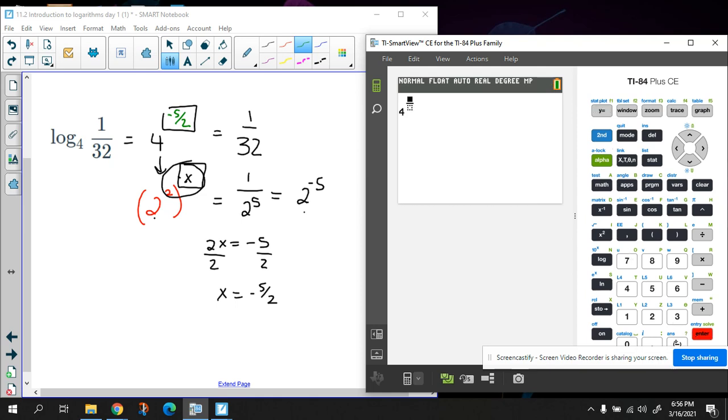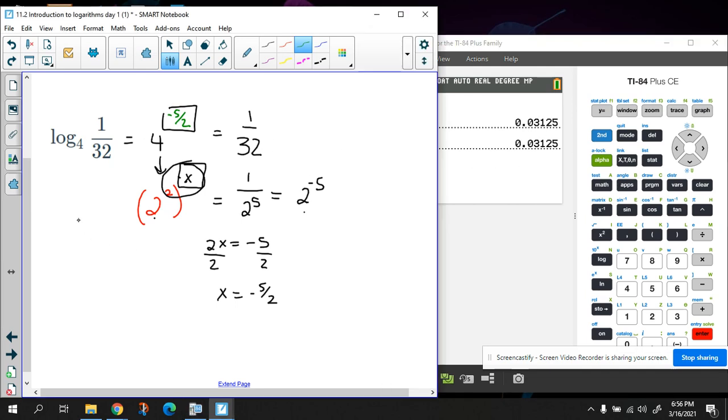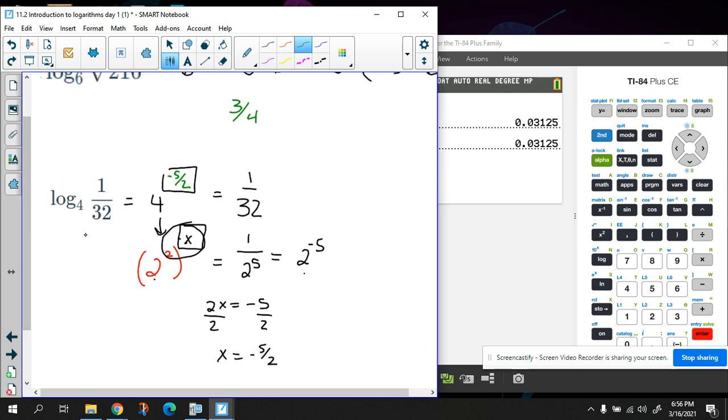Fraction up there, negative 5 halves, whoops, go down, 5 halves power. And then I'm going to do 1 divided by 32. If I've done it right, we should match in those numbers. So 4 to the negative 5 halves is indeed the same number as 1/32. And then again, the answer to your logarithm is the fraction.